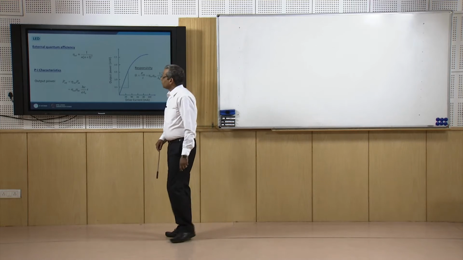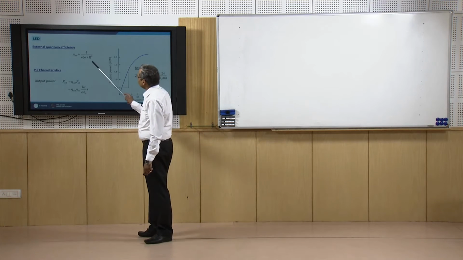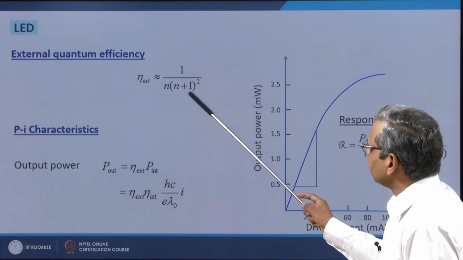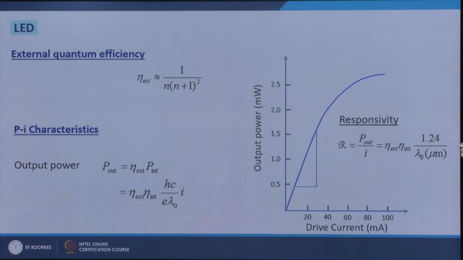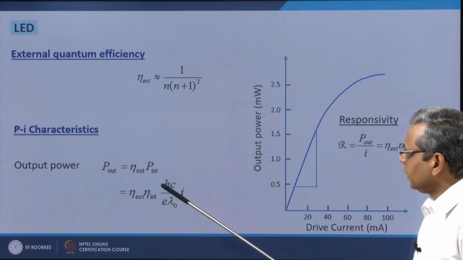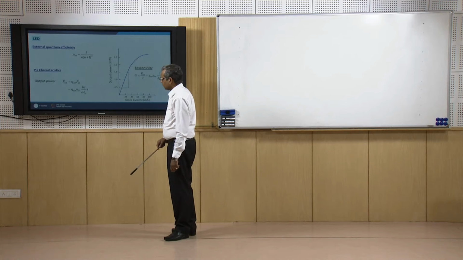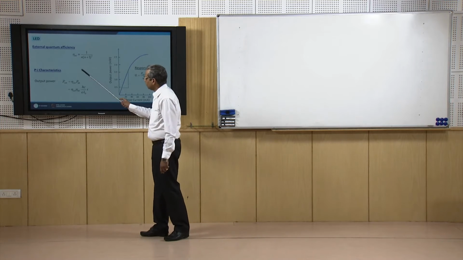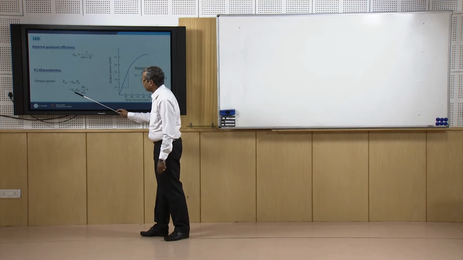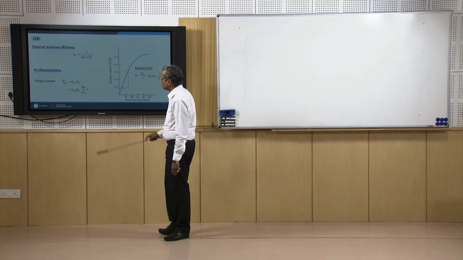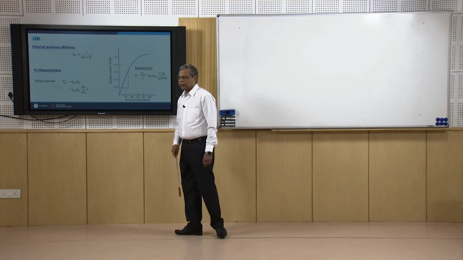The external quantum efficiency is approximated by 1 over n times (n plus 1) squared, and the output power can be given by P out equals eta external times P internal. Substituting for P internal from the previous slide, it would be eta internal times hc over e lambda naught times I.